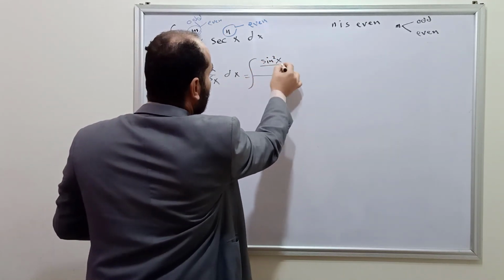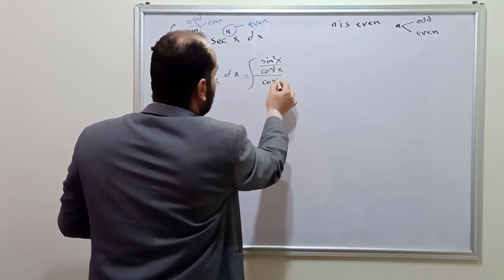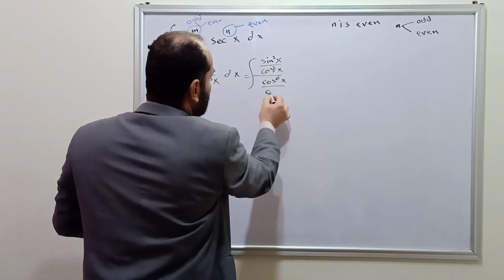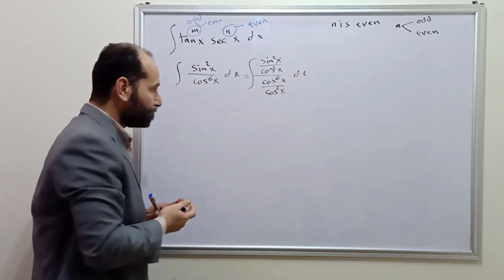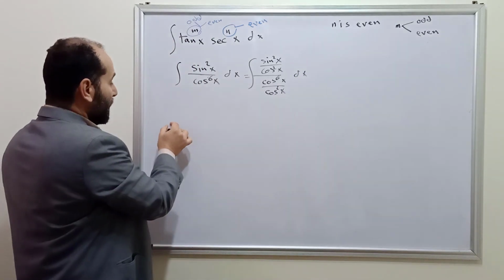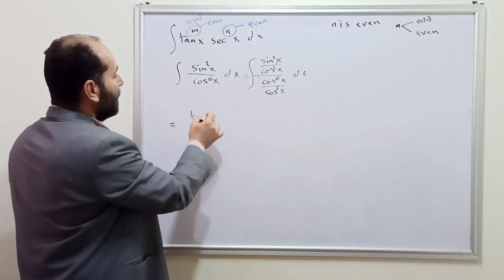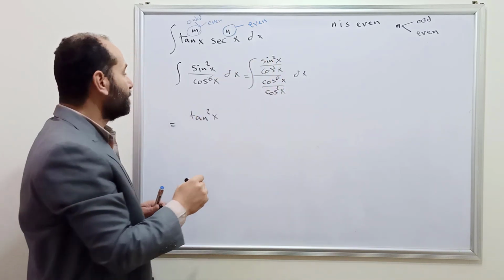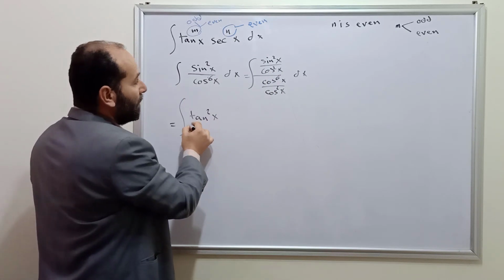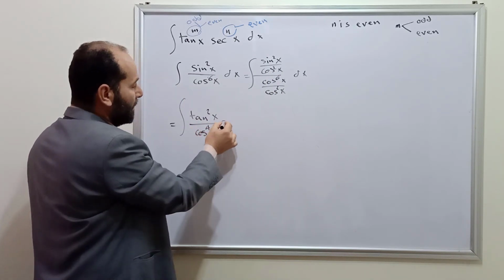Sine squared x over cosine squared x is tan squared x, over cosine power 4 x, dx.